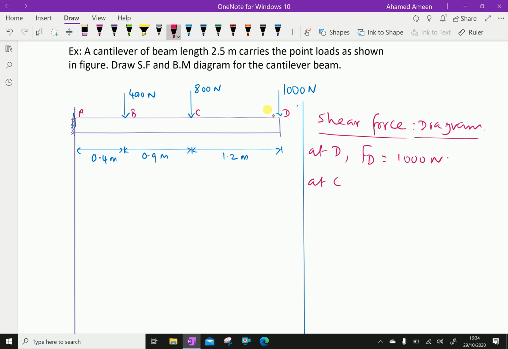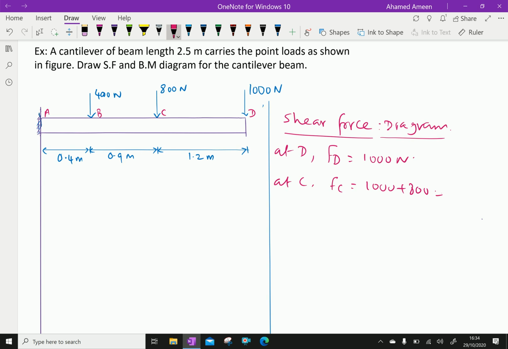At C, shear force FC equals 1000 plus 800, that is equal to 1800 Newton.